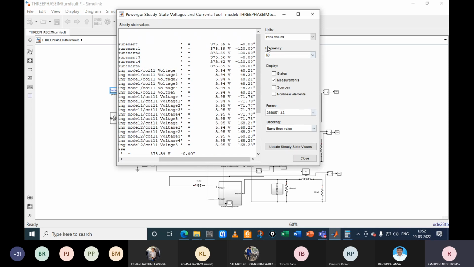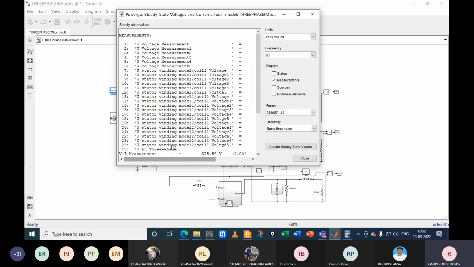So the measurement is given as 375.59 at an angle of 0, 375.59 at an angle of minus 120, 375.59 at an angle of 120. So each is displaced by 120 degrees. So those are the measurements corresponding to the voltages.